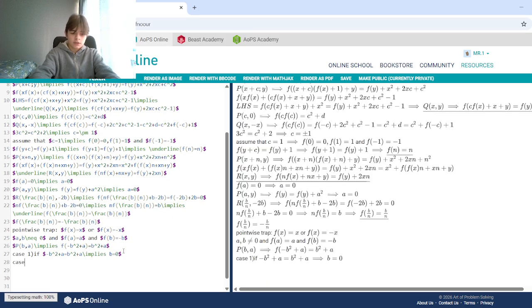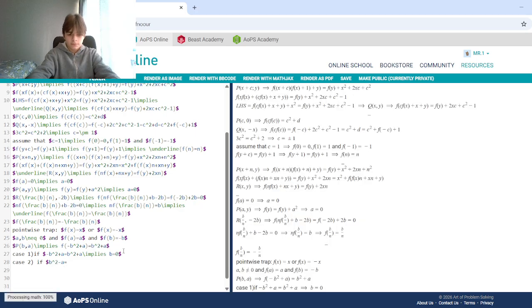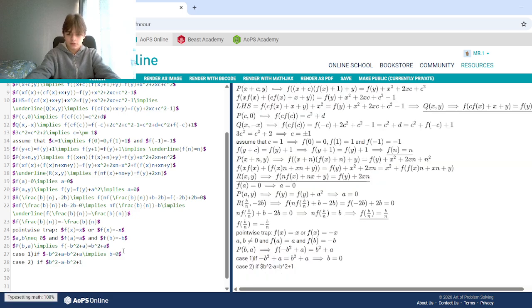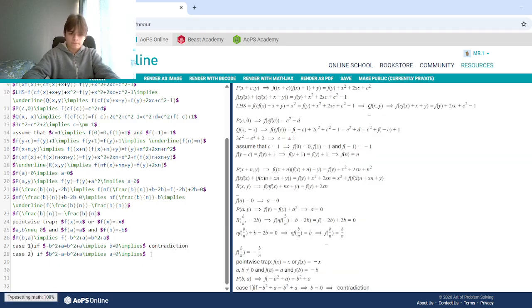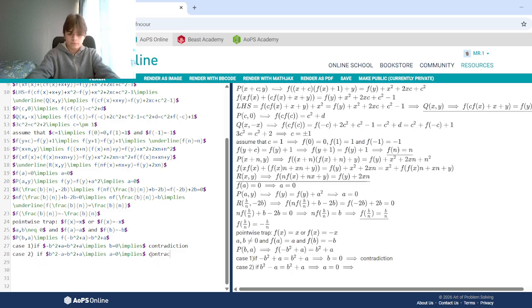And case 2 is if b squared minus a is equal to b squared plus a, which implies that a is 0, which is again a contradiction. And we are done.